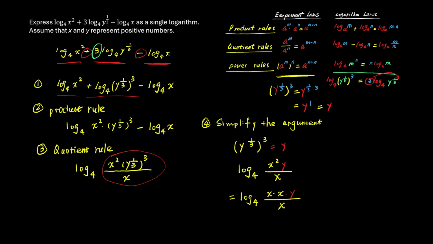I can simplify this by dividing x from the top and from the bottom. Eventually we get log base 4 of x times y. All right, so this is the final solution.